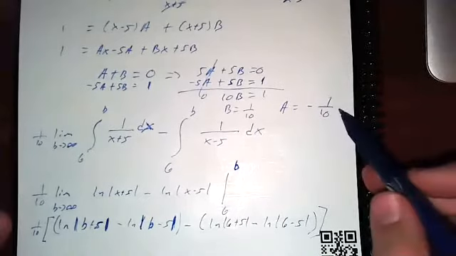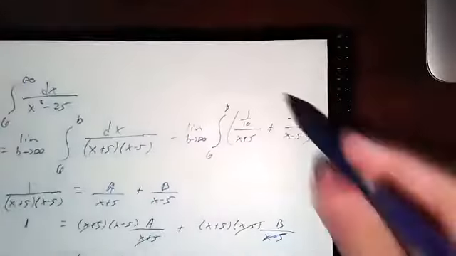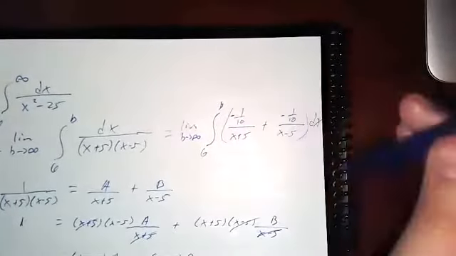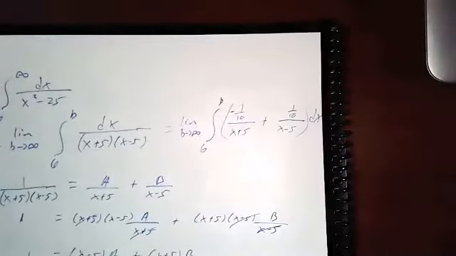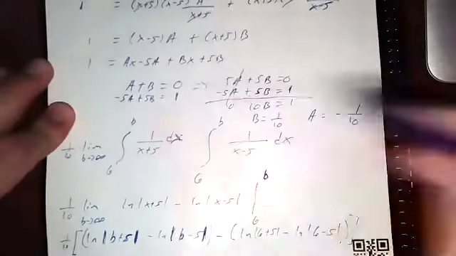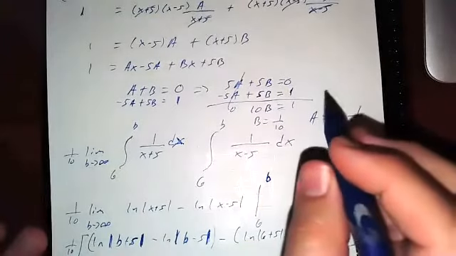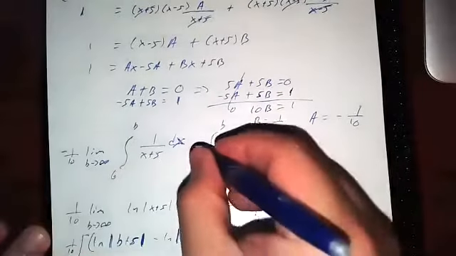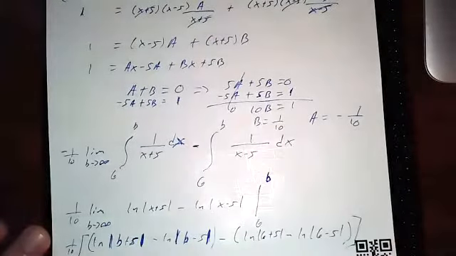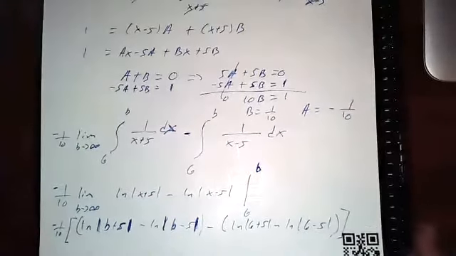We said that A is negative 1/10, right? Not B. Check it out. This should be negative here. This should be positive. Okay, that will change only a small part here. So I'm going to factor a negative 1/10 to make this the same. Negative, negative. That we don't have to worry about changing anything else.